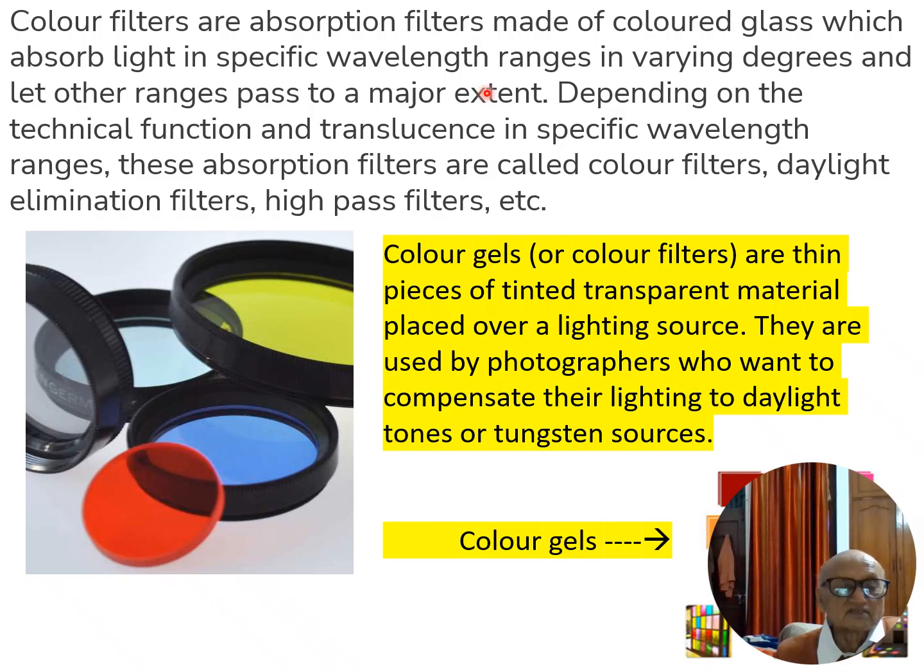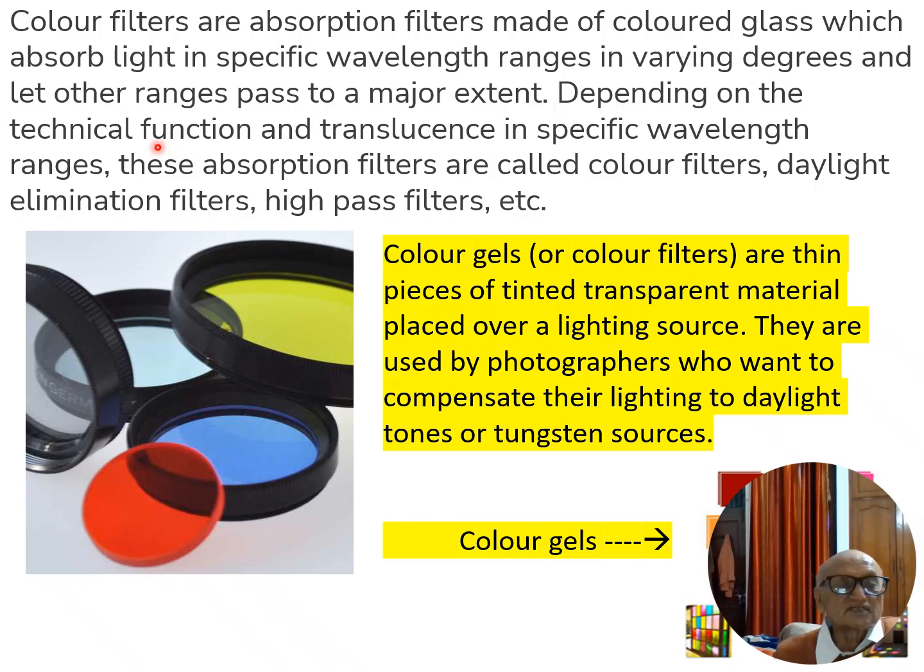One particular light is absorbed. Say if this is blue, it will absorb the blue light. So this is the idea, to varying degree, and let other ranges pass to a major extent. That means it will let blue pass and absorb all other colors.